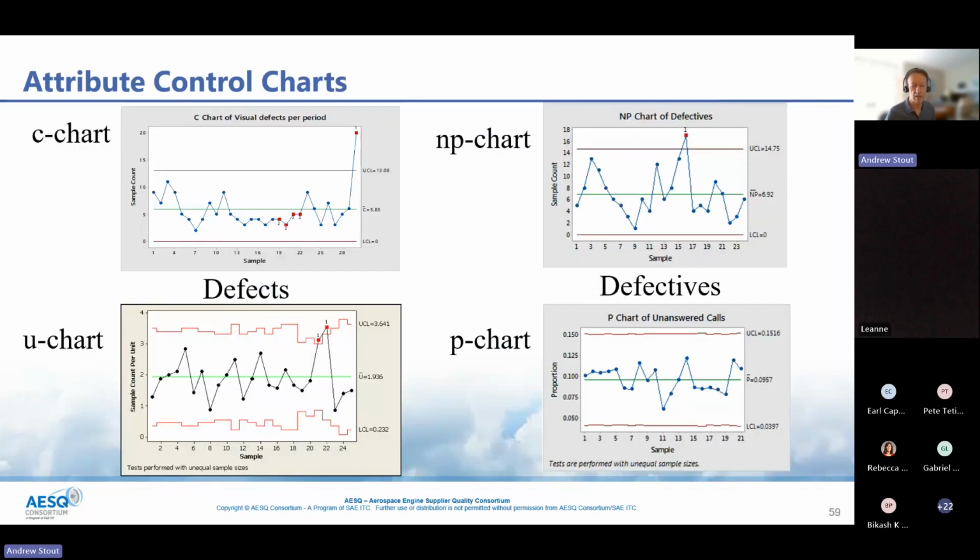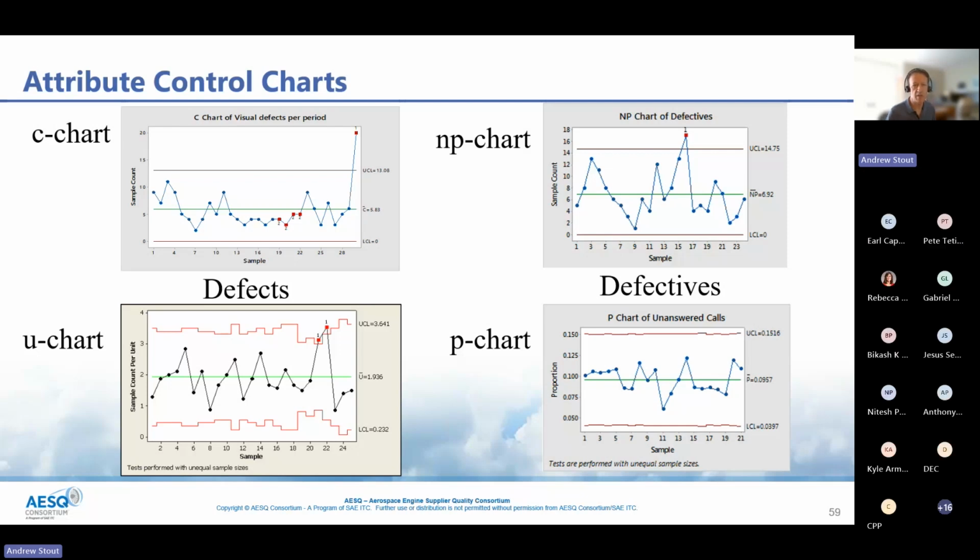And a quick look at some examples. The left side, we're talking about defects. The right side is counting defective parts, basically. The top 2 have constant sample size, so the C chart or the NP chart. Whereas the bottom 2 have changing sample size.